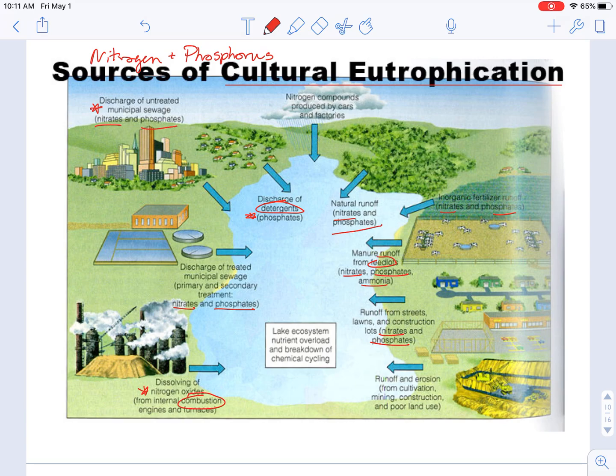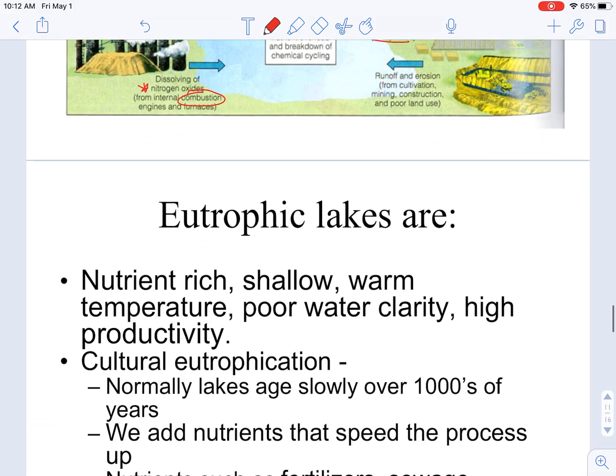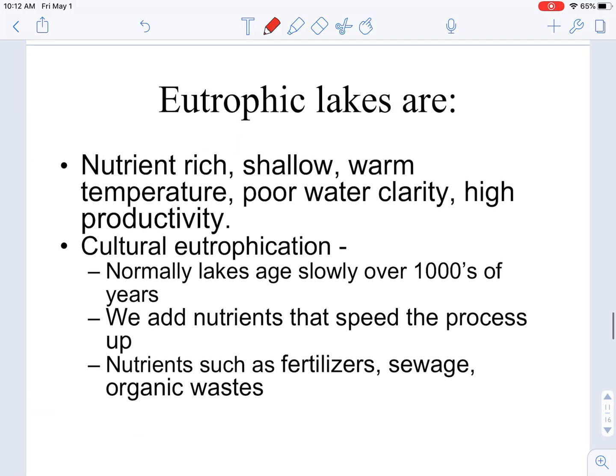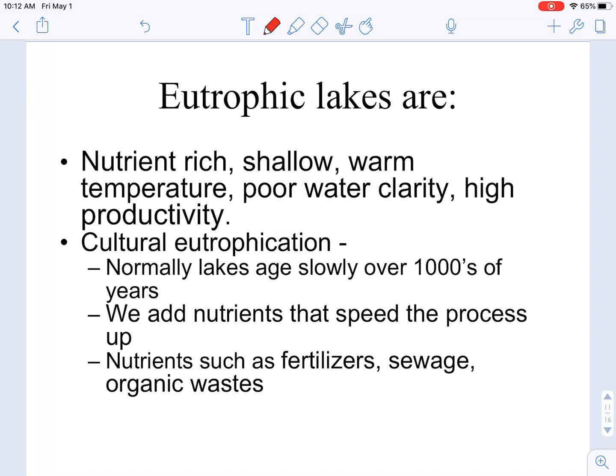Okay, so again, I'm going to really stress, take a look at this picture, make sure you understand the similarities and the differences between where that excess resource is coming from. In the grand scheme of things, both are going to do the same thing. They are going to lead to this process of cultural eutrophication, which is, eutrophication itself is just the aging of a lake or aquatic ecosystem.